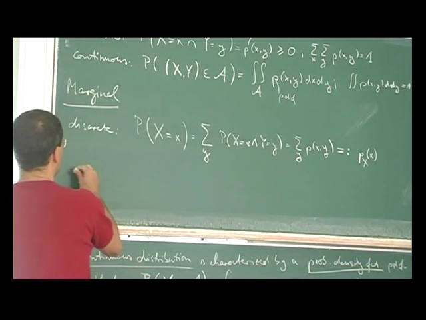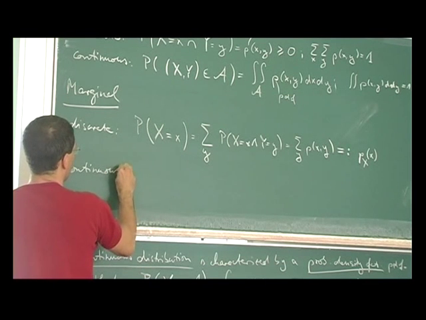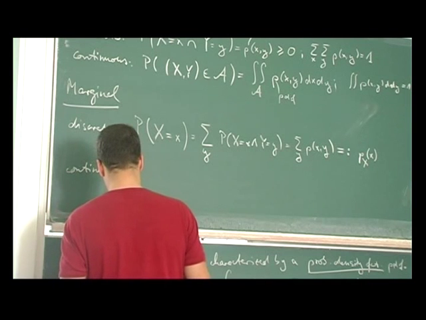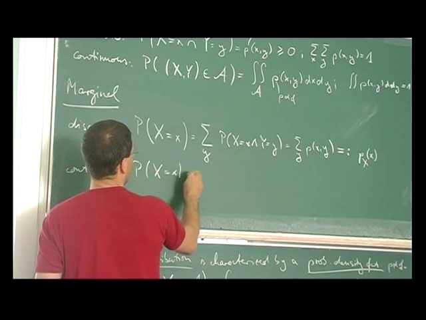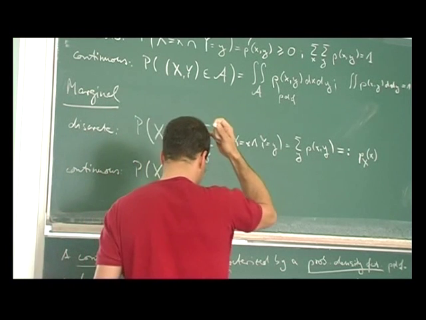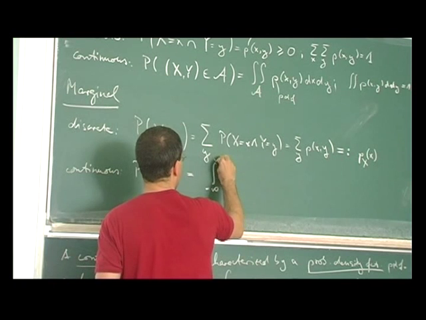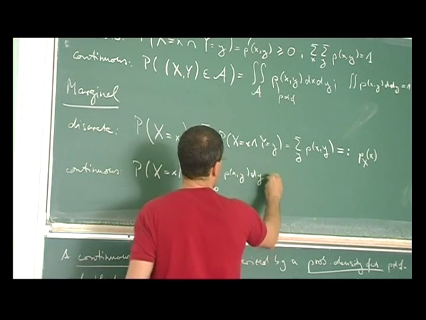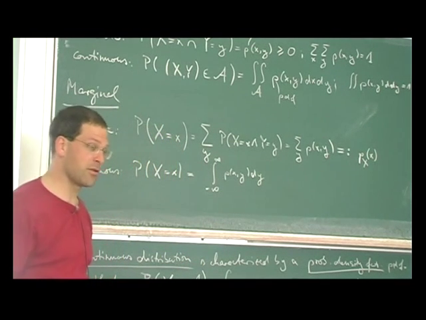Similarly, in the continuous case, the probability is given by integrating out one of the two random variables out of this joint distribution.